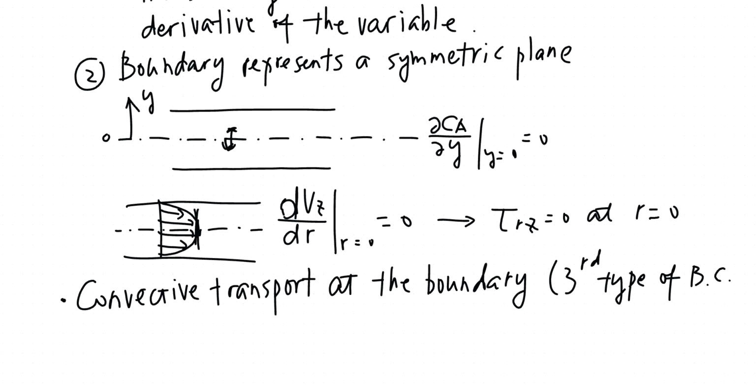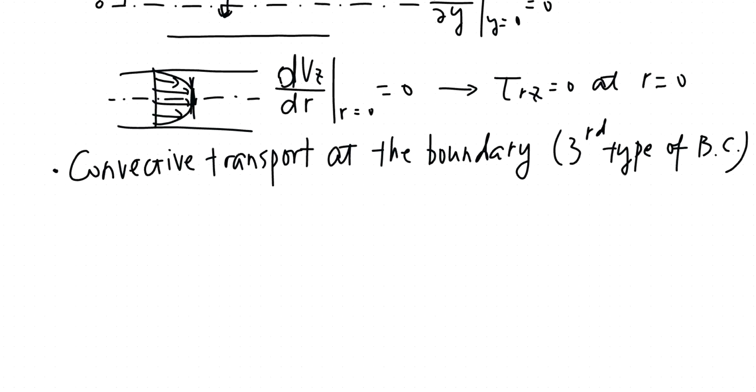So let's look at a scenario where this is applicable. For example, if you have some plate, and you know that you have some concentration, either prescribed or you need to figure out, let's call it y.